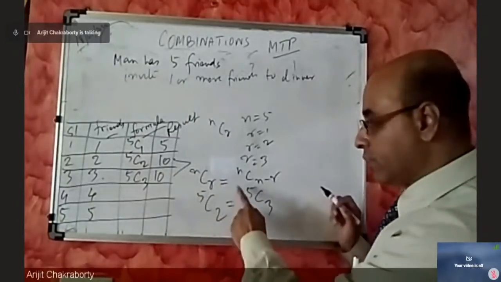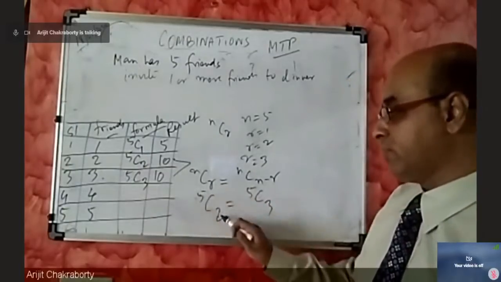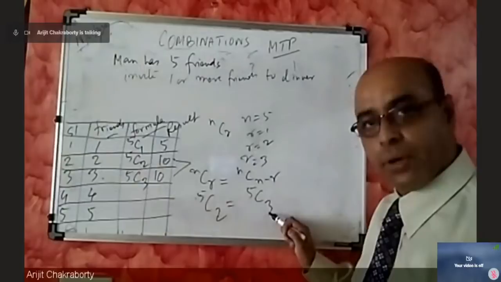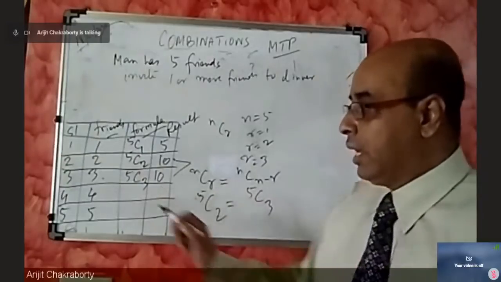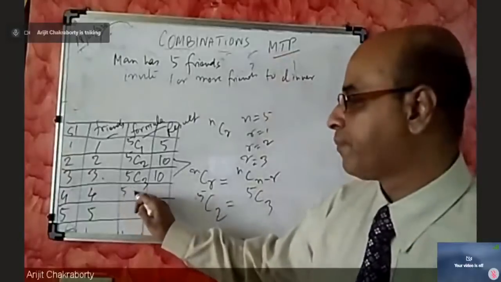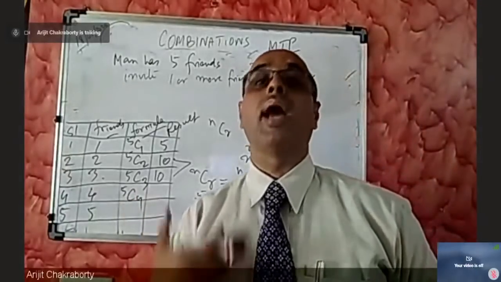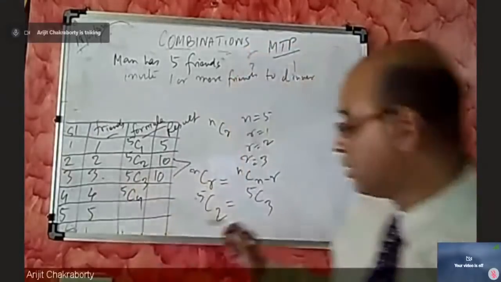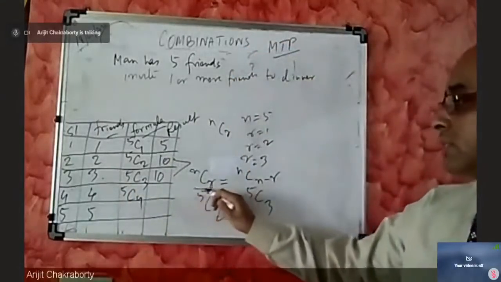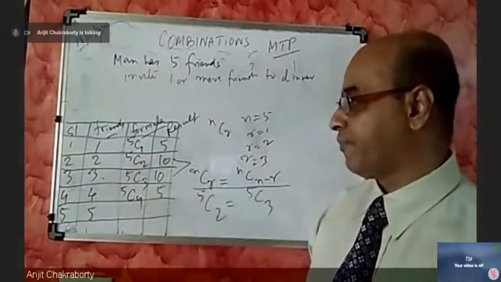Here N minus R is 5 minus 2, 3. So same formula. 4 friends if you want to invite, 5C4. But 5C4 is equal to 5C1. NCR is equal to NC(N minus R). 5C1 we have already done, so it is 5.